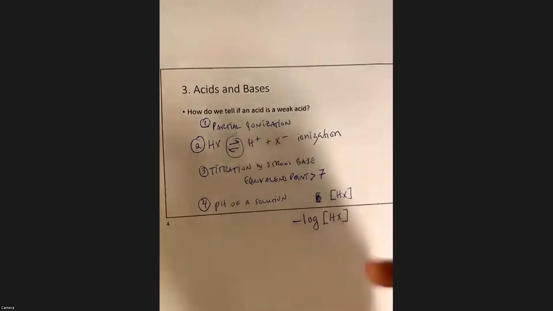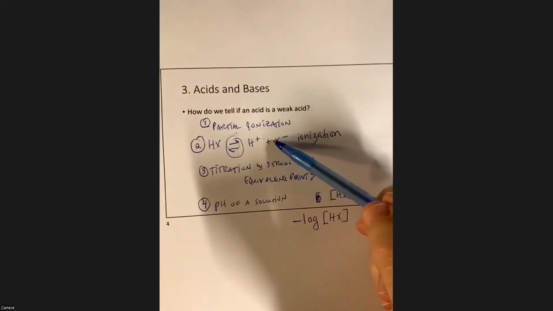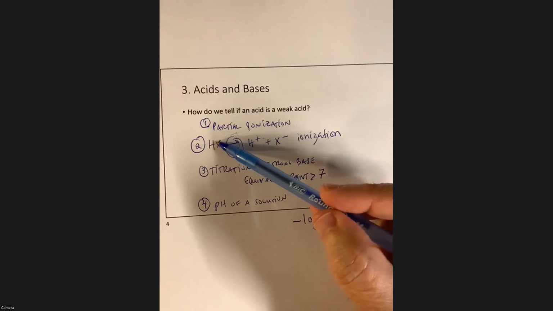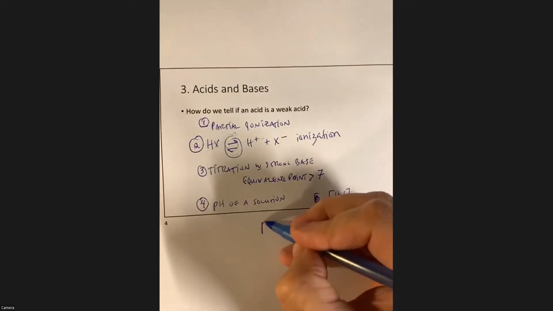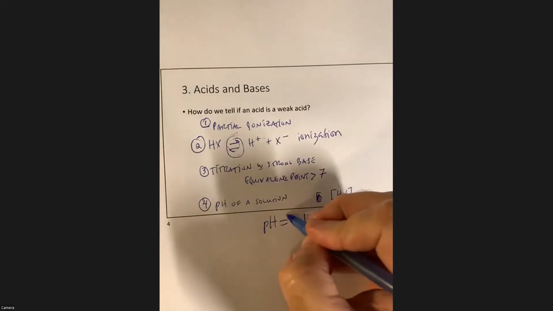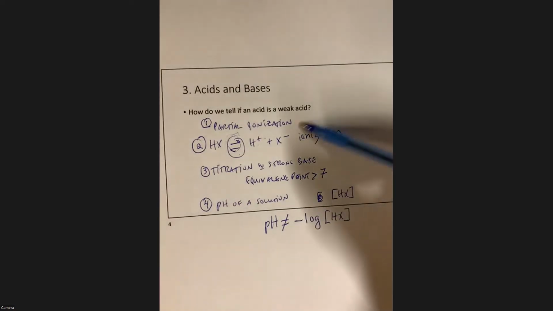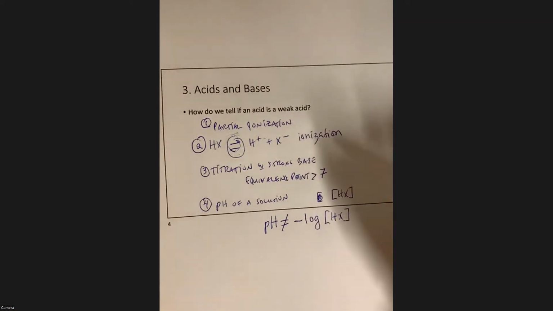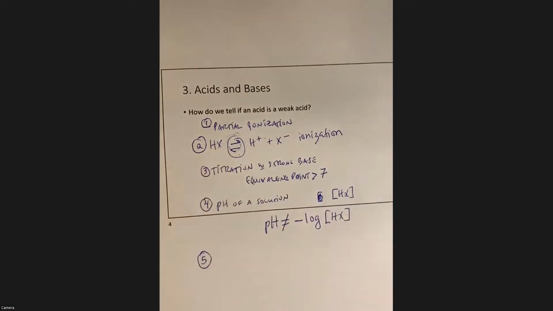Because remember, for a strong acid, all of the acid is present in its ionized form. And therefore, the molarity of the acid is the molarity of hydrogen ions, and you can do that. But in this case, the pH is not going to be minus the log of the molarity. Why? Because of partial ionization, right? Cool. All right. Can you think of anything else?